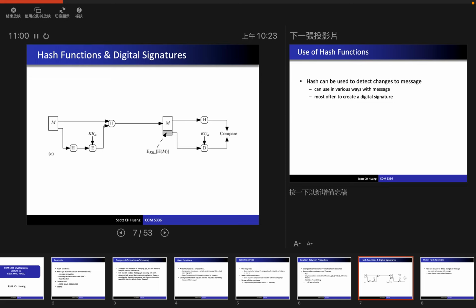It's a many-to-one mapping. That is why it's only used in the appendix. So you have a message, and this message goes directly here. It's plain text, and the plain text will be attached with a message authentication code, which is obtained like this.